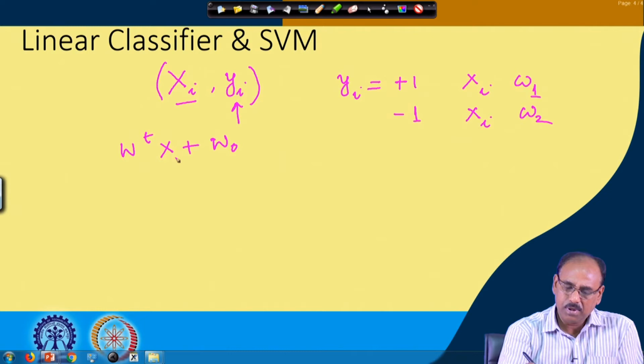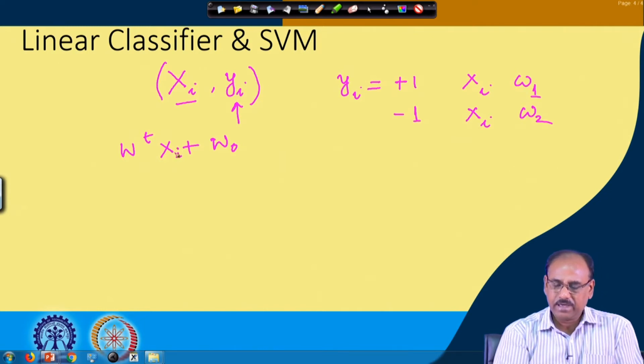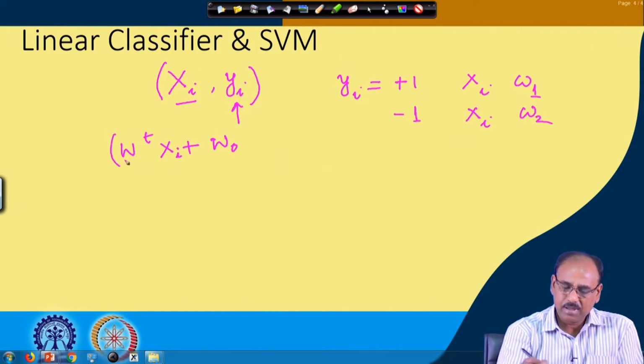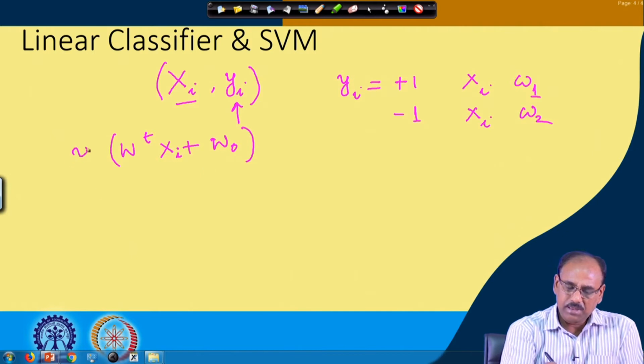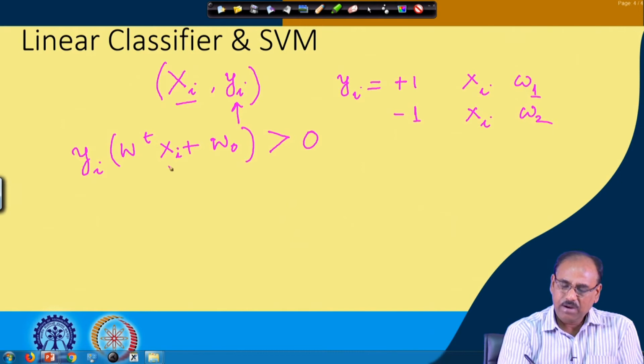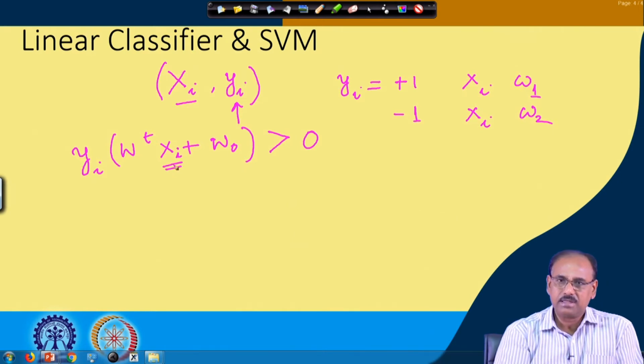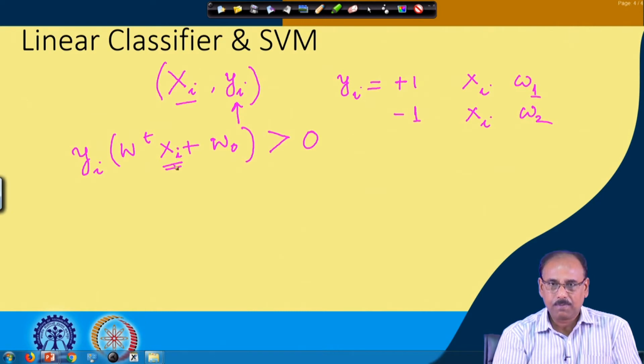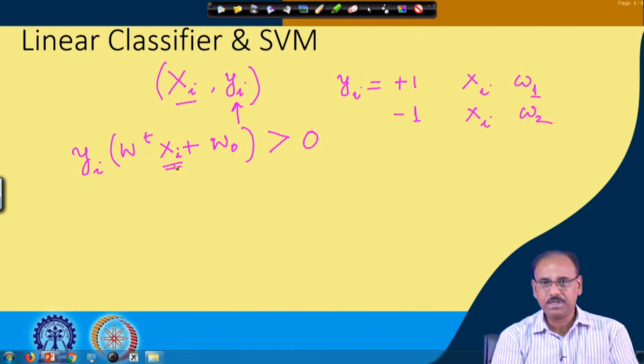So, this vector x is x I, this whole thing multiplied by y I, that should be greater than 0 if x I is correctly classified by the weight vector W and the margin W naught. This is obvious, because if the sample x I is taken from class omega 1, then my condition is W transpose x I plus W naught should be greater than 0 for correct classification.